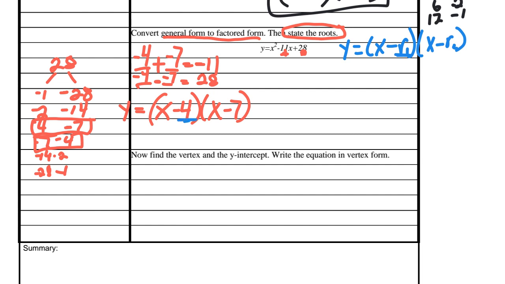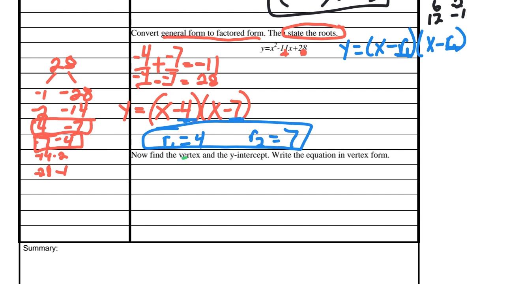Notice that my signs are the same, so all I'm going to say is root 1 equals 4. Same thing over here, match the 7 with the root 2. The signs are the same, so I can just make 7 positive. So then root 2 is equal to 7. So then those are my roots.